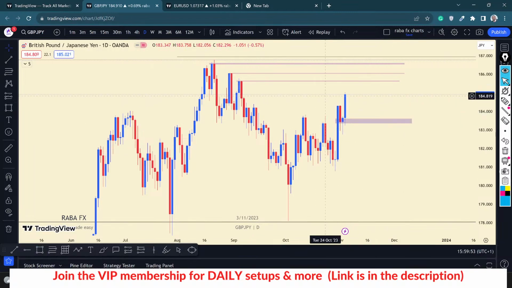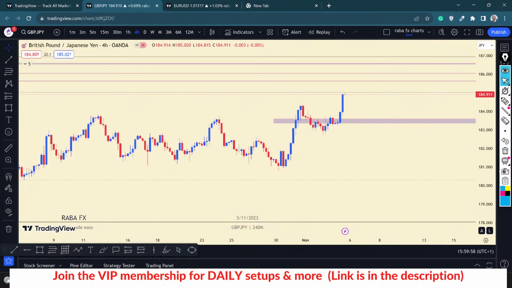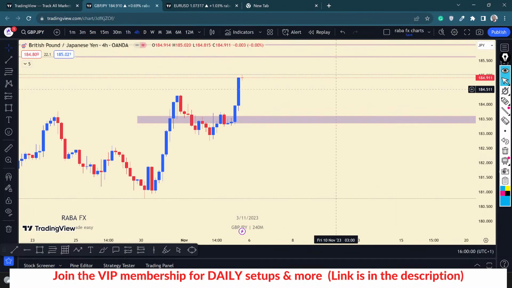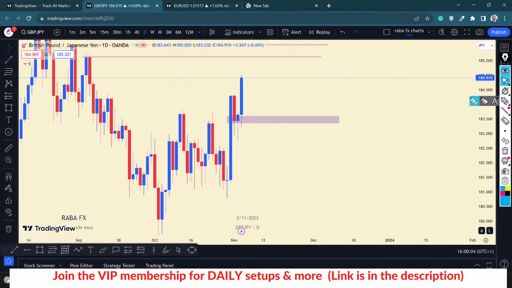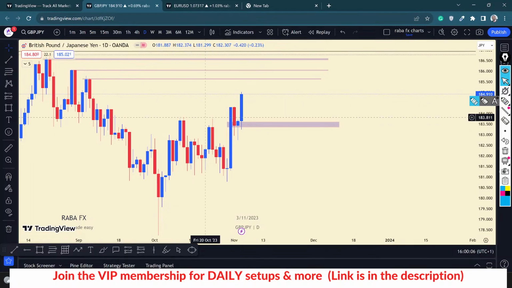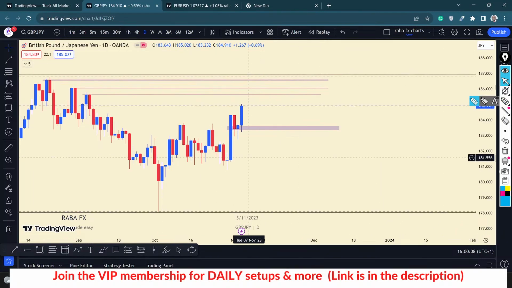Then on the 4 hour, nothing. We simply refine that daily setup on the 4 hour for a better trade entry.